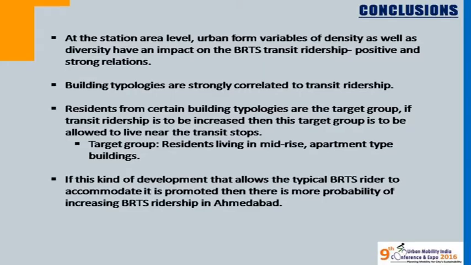The building typologies have strong correlations to the transit ridership. Residents from certain building typologies are the target group. If transit ridership is to be increased, then this target group can be allowed to live near the transit stops. This target group is the residents who live in apartment type buildings with no allotted parking.